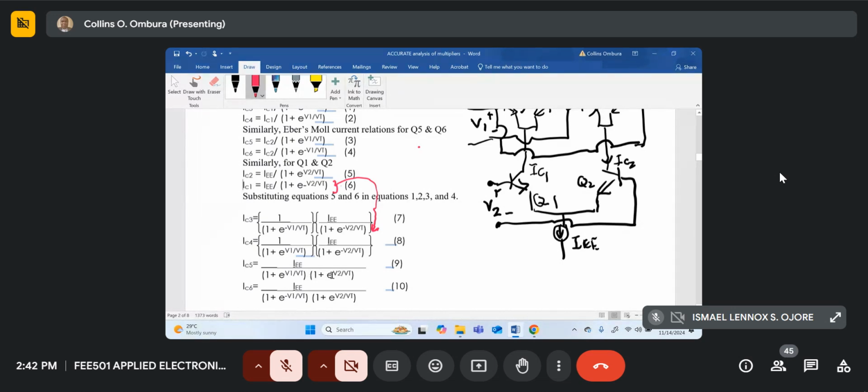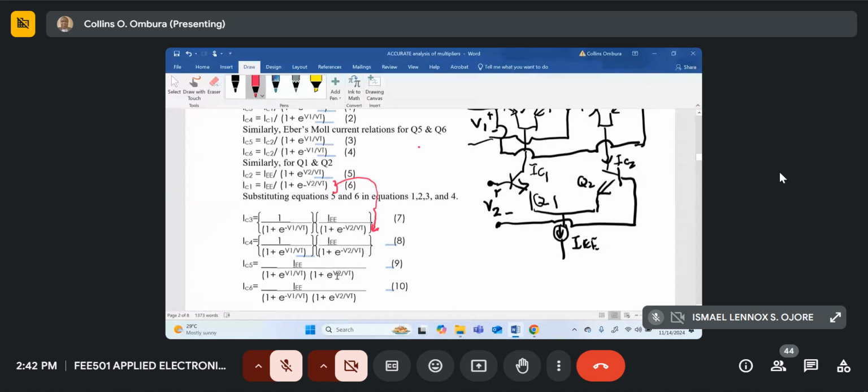And lastly, IC6. IC6 is equation 4, which is IC2 divided by 1 plus e to the minus V1 by Vt. So I substitute for IC2 from equation 5. So you'll get IEE over 1 plus positive V2. So it's this term over here.